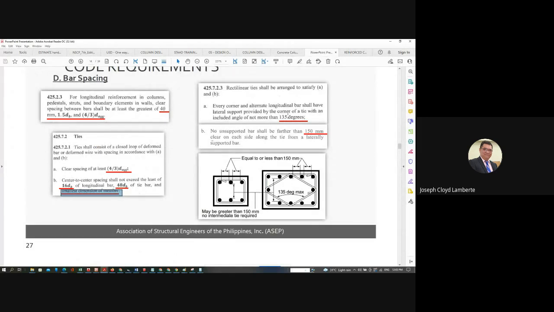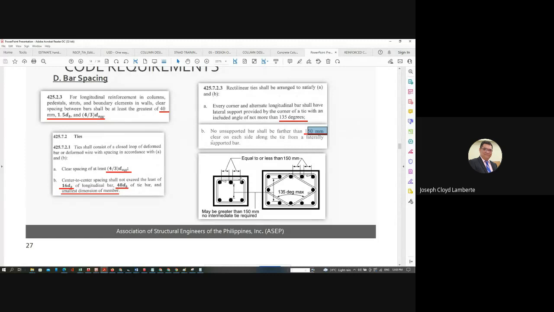So dapat na kay 135 degrees nga hoop. Dili nga ni. Dapat 135 degrees. No unsupported bar shall be farther than 150 mm. So dapat ang imong spacing between bars is 150 mm. Clear pagid gani now? On each side along the ties from the lateral supported bars.